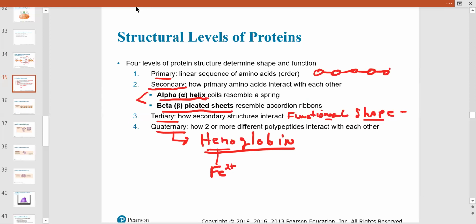Actually, there's 4 hemes. The globin is the protein or polypeptide. So the heme is where the O2 binds with the help of iron as a cofactor. And there's 4 binding sites for oxygen on one hemoglobin molecule. It's 4 polypeptide chains. So the shape of hemoglobin is extremely important.